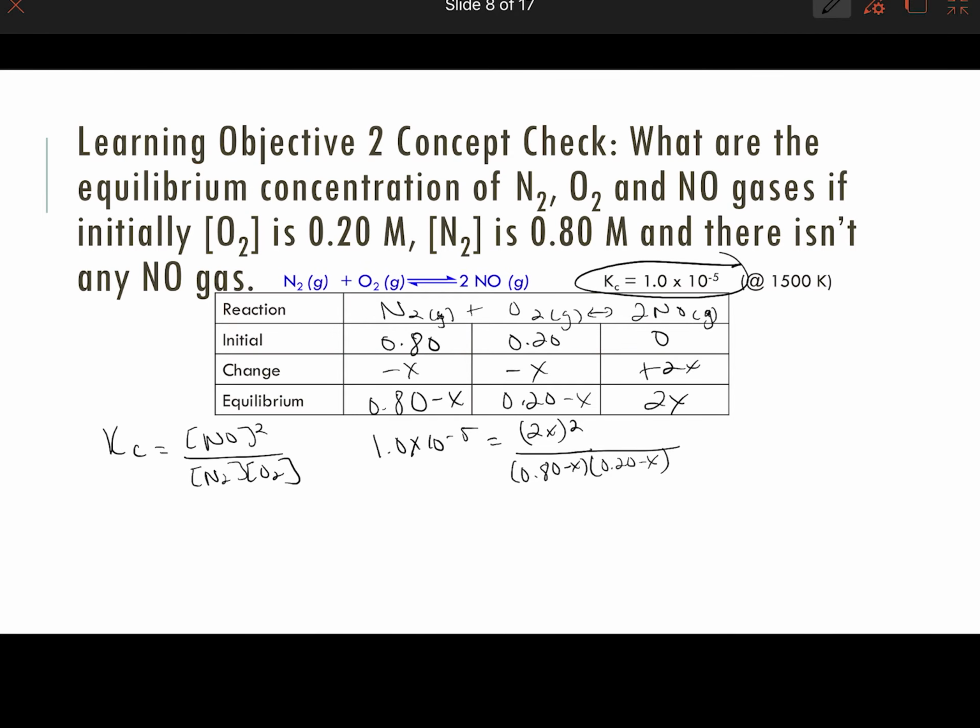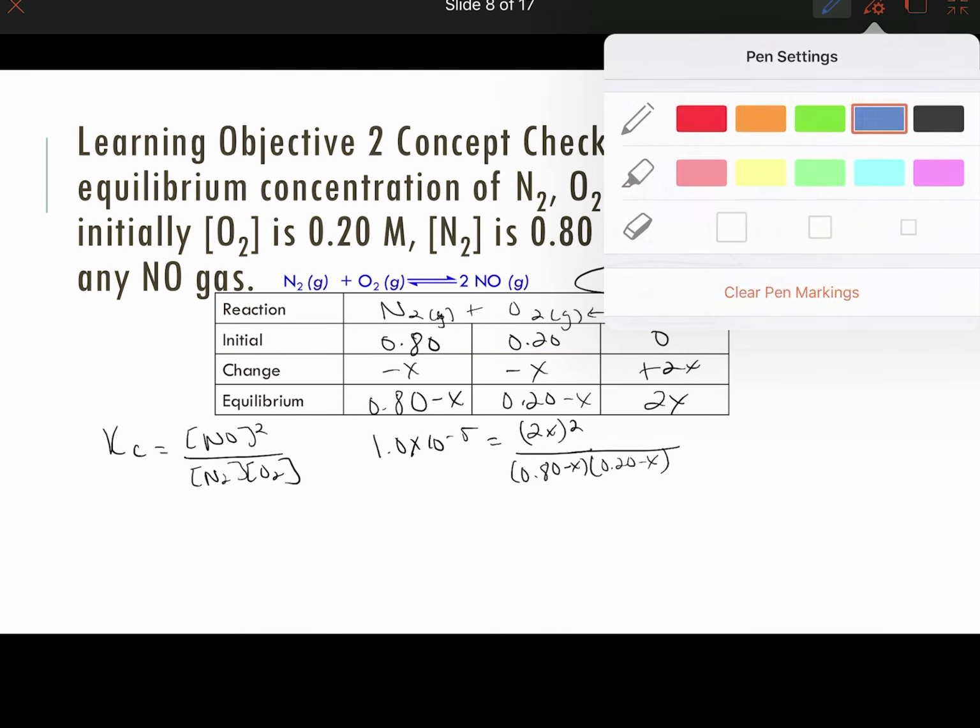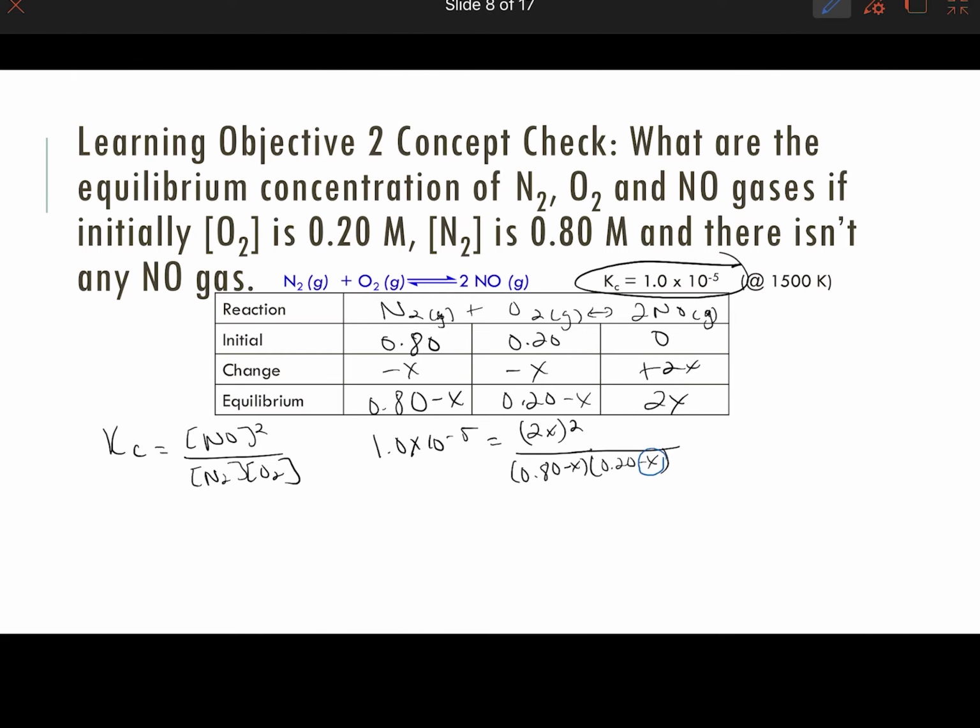Here we're going to do a small x approximation, so any x that is added or subtracted we're going to remove, and that's because we have a very small Kc value. So what we're going to get is 1.0 times 10 to the negative 5 is equal to 4x squared divided by 0.80 times 0.20.